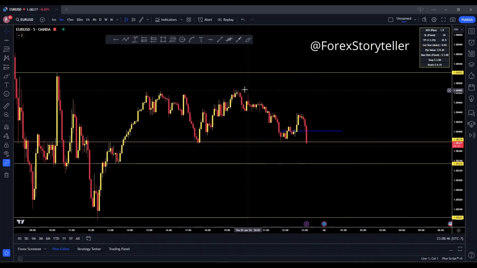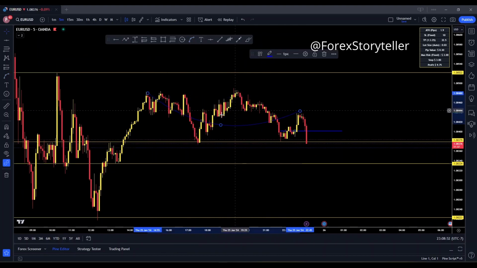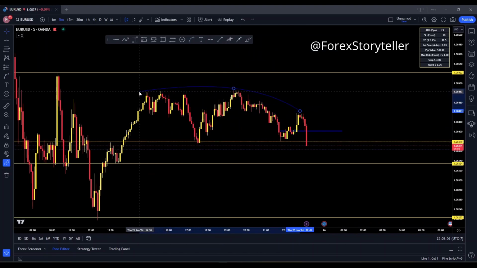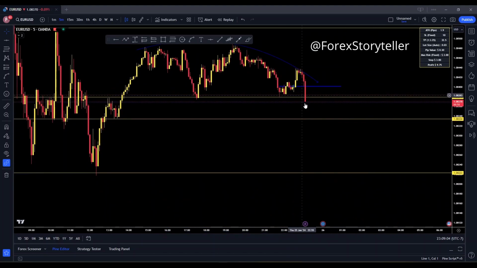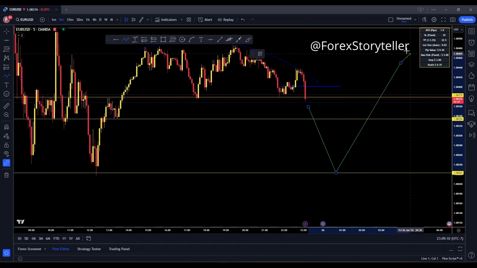Another thing I would be looking at is this overall little curve right here. Curves are actually pretty useful when you're starting to look at where potential sellers may be coming into the market versus potential buyers. So now I'm expecting we may have a fallout all the way down to this level, and then maybe potentially reverse from there.